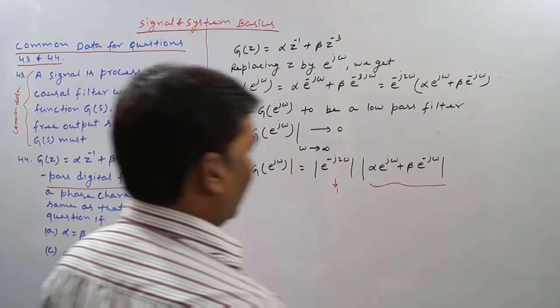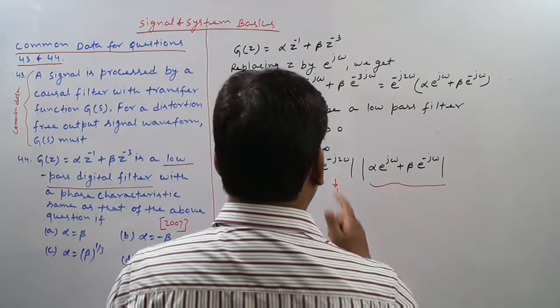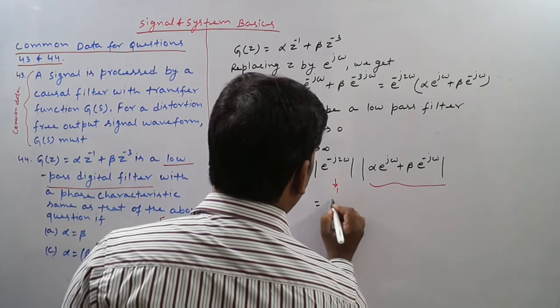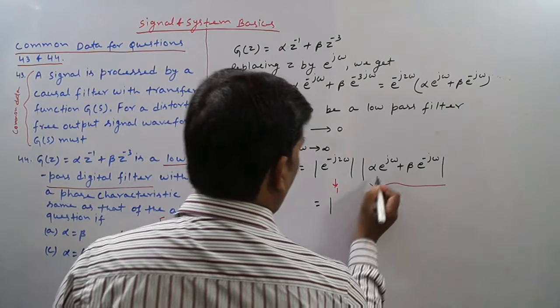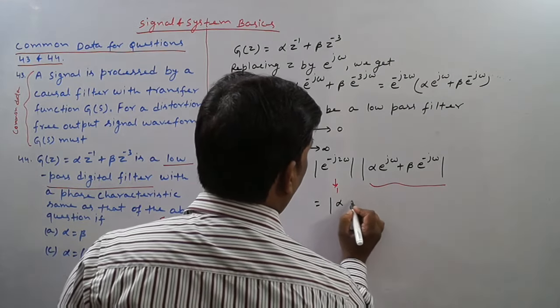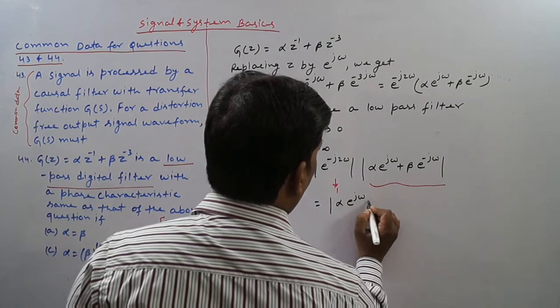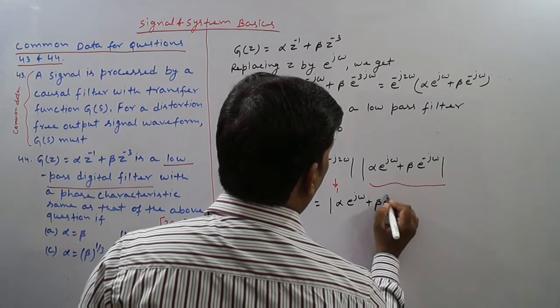So now we can write this as the magnitude of alpha e to the power j omega plus beta e to the power minus j omega.